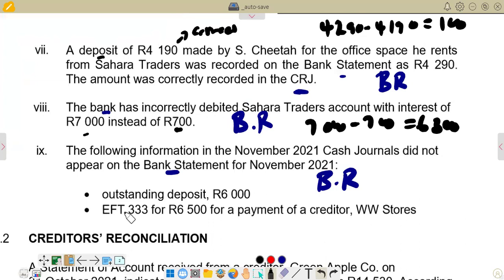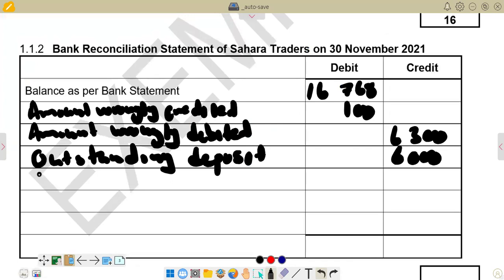And we also put an EFT which is 6,500. So we are saying EFT 333 on the debit side. Then the amount that we have is 6,500. This is what we have.